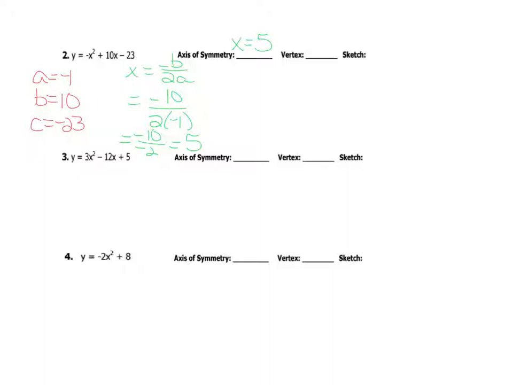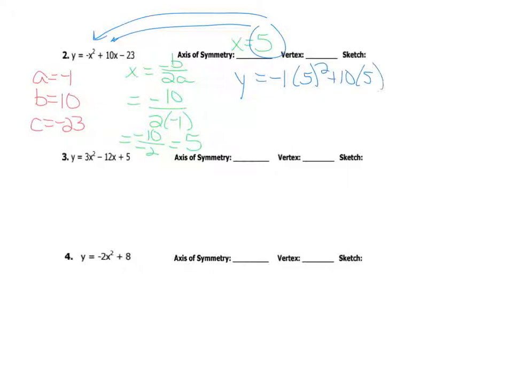Now, to find the vertex, you're going to take that 5 and plug it in for x to find y. So we're going to say y equals, now be careful here, this negative here is a -1, right? So that's -1 times 5 squared plus 10 times 5 minus 23.